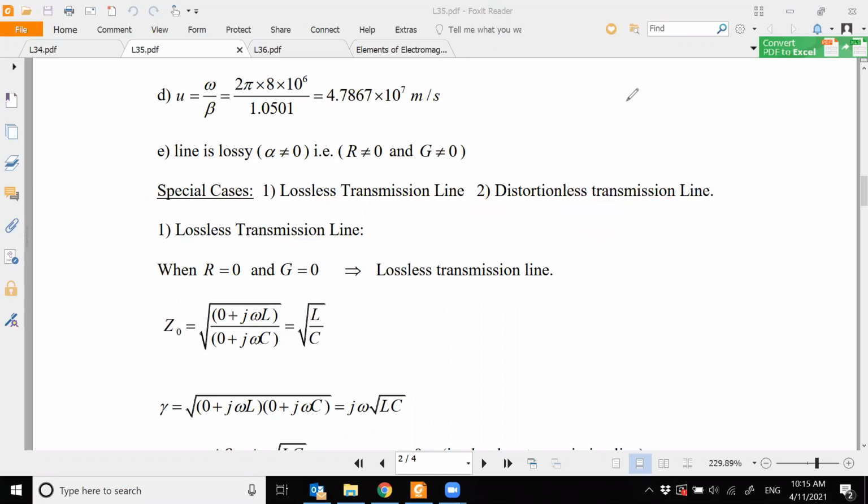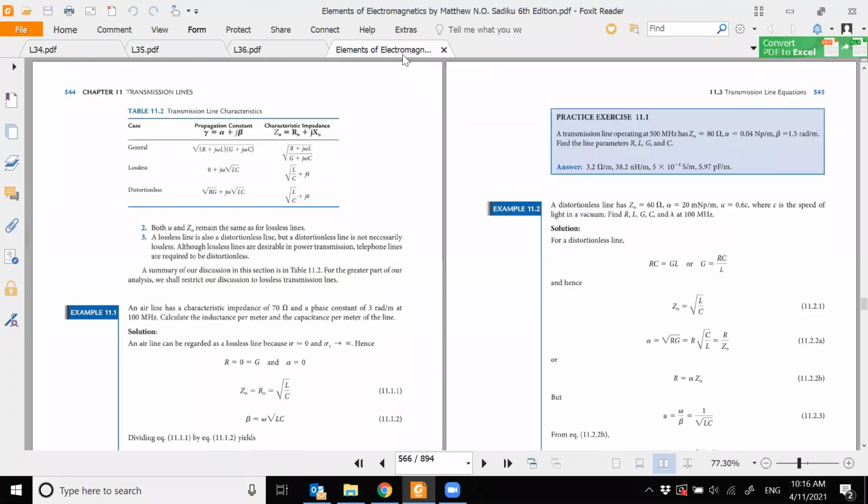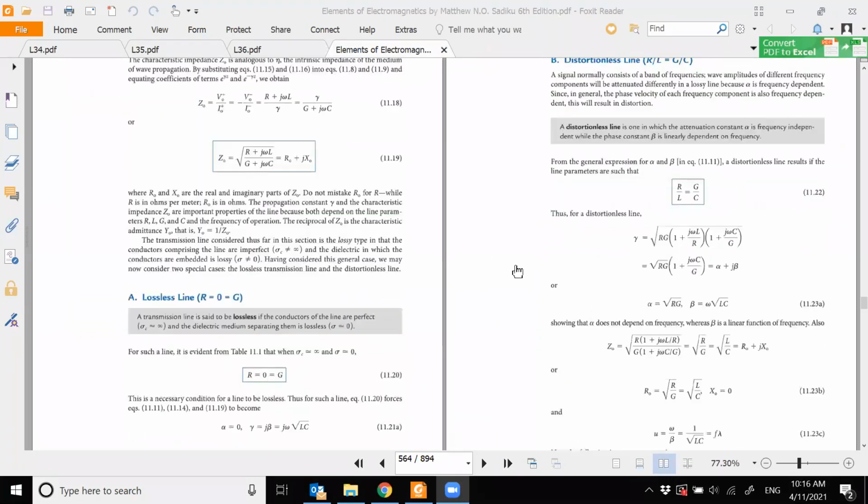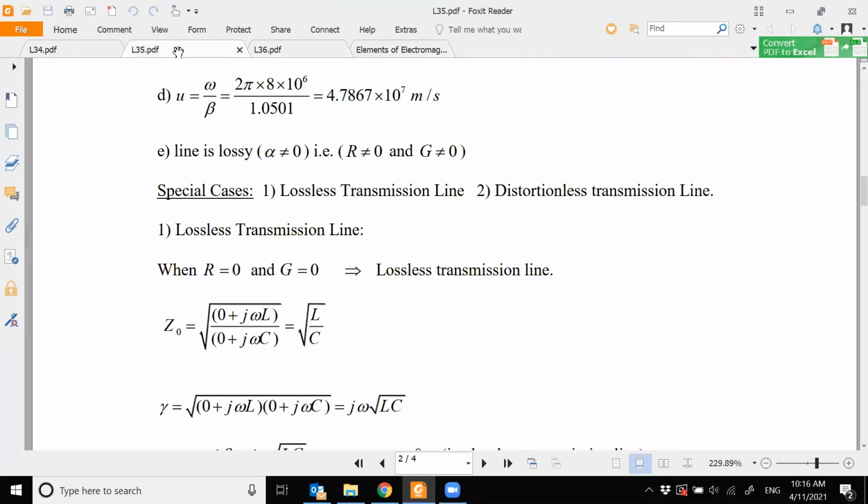In this case, if you want, we can also go to the textbook and see. So this is our textbook, and this is the condition for the lossless transmission line. Okay. Now, if we have this, this is the lossless transmission line.